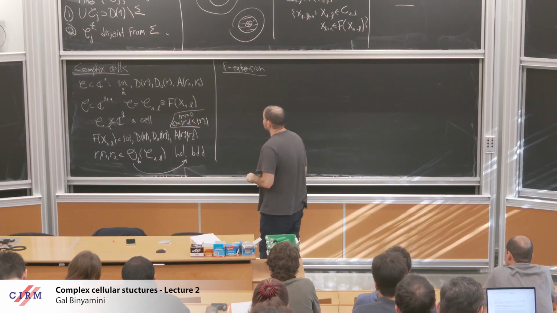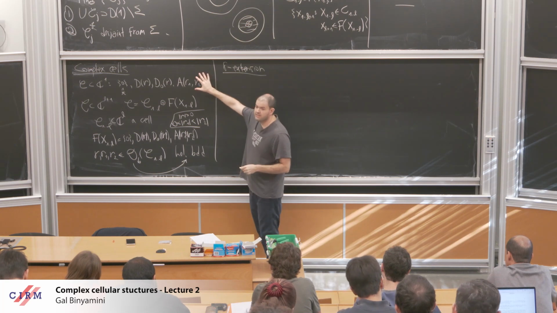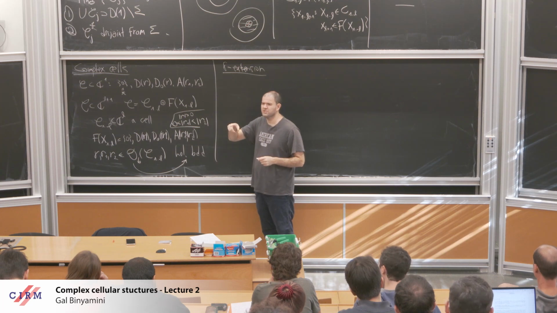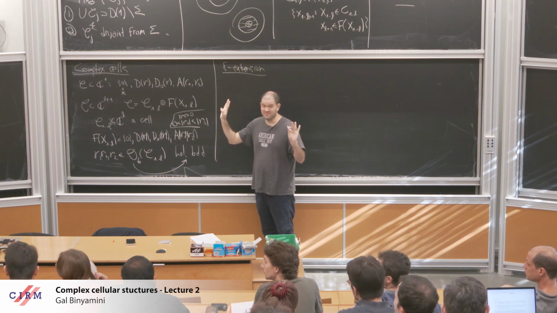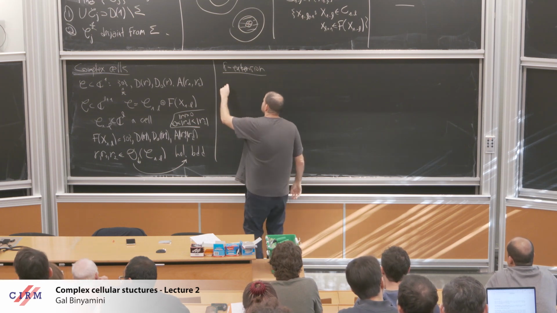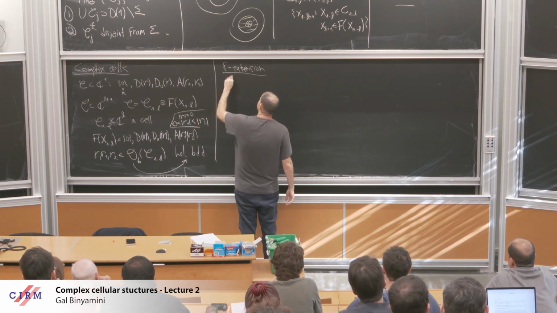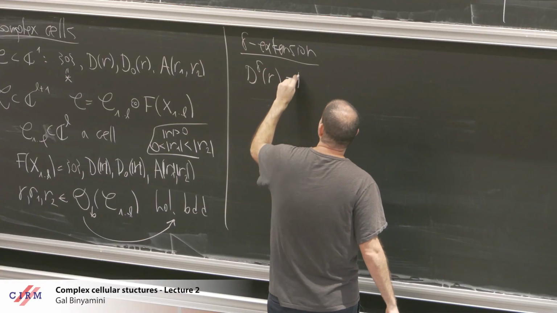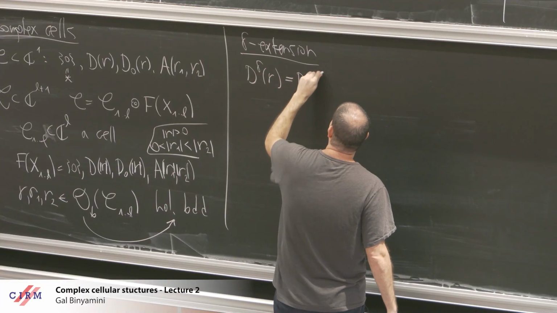So what is a delta extension? I'll first define it for the cells. Okay, so I'll define for the cells what a delta extension is. A delta extension of a disk is just going to be a disk of radius r over delta.